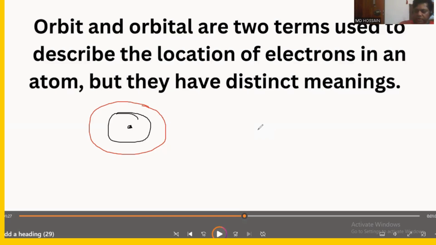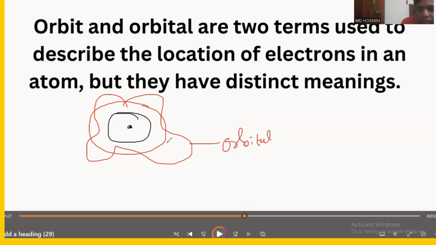And if you draw a three-dimensional region around the orbit, like this, this is the orbital. We can write here: orbital. This one is orbit.